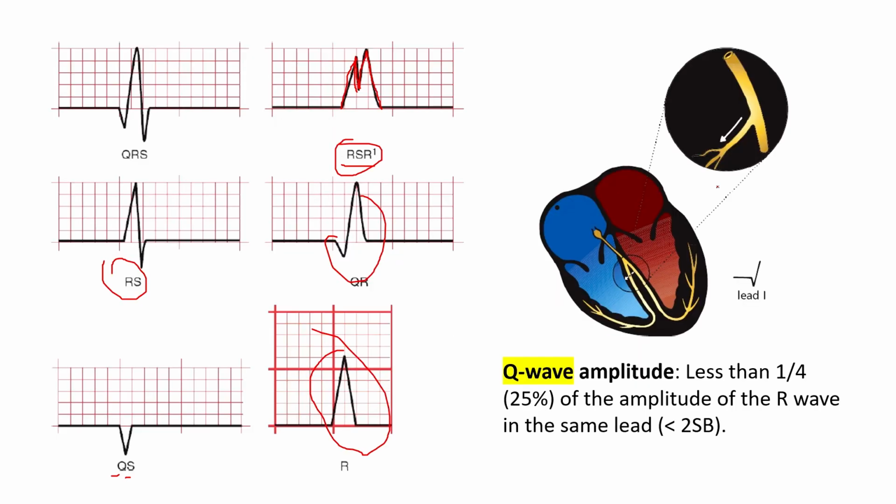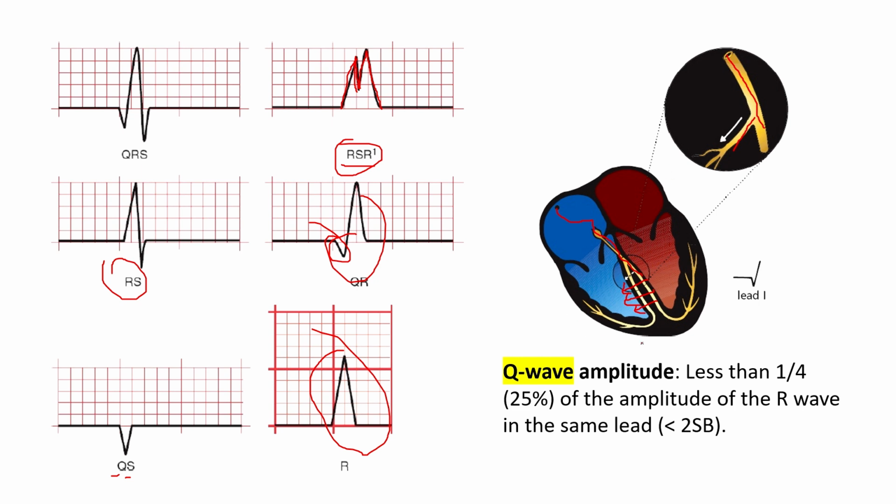Because in the beginning we said that conduction starts from SA node to AV node, then from AV node to the bundle of His, and the bundle of His first goes to the left bundle and even first to the septal fascicle. For example, if there's a left bundle and there's a septal fascicle, it normally depolarizes from left to right in this direction. That's why in the beginning of the QRS complex you will see a Q wave going downward, and it's normal.